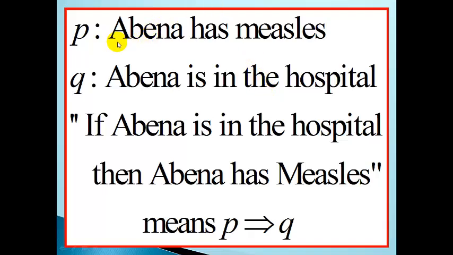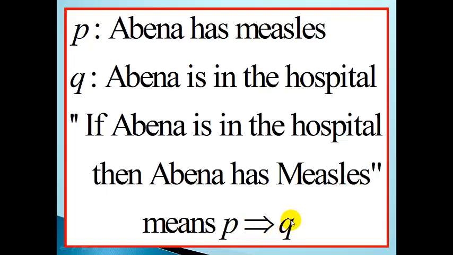Now let's consider these two statements. Statement P, Abena has measles. Statement Q, Abena is in the hospital. If Abena is in the hospital, then Abena has measles, means that P implies Q. Why?